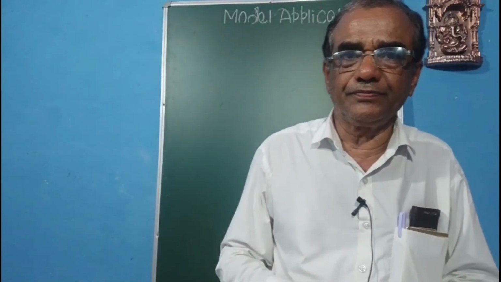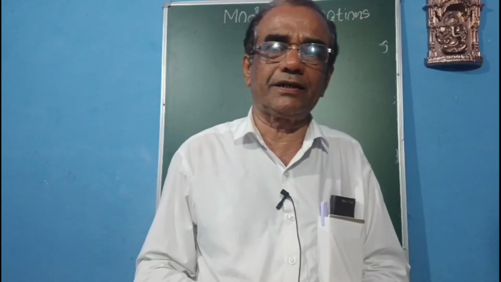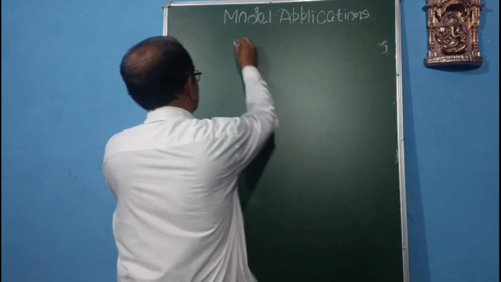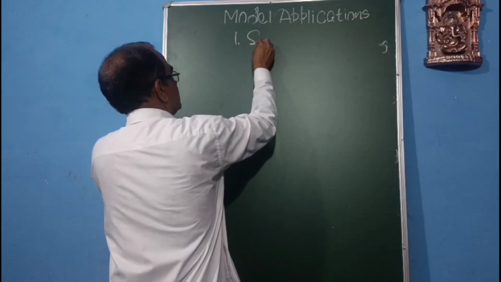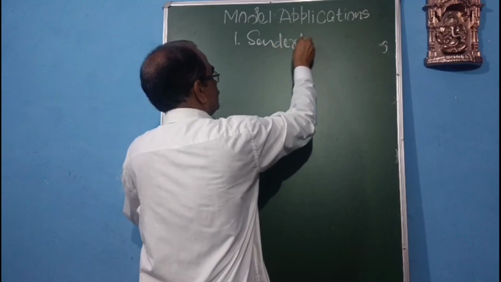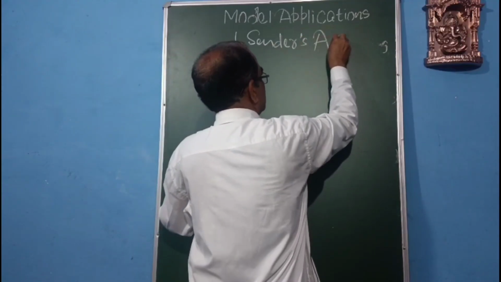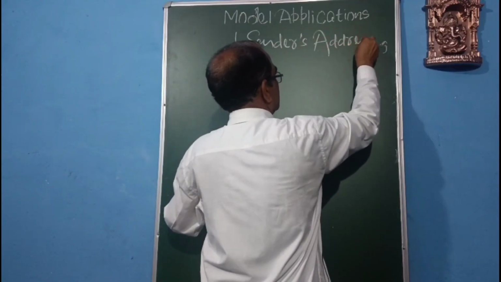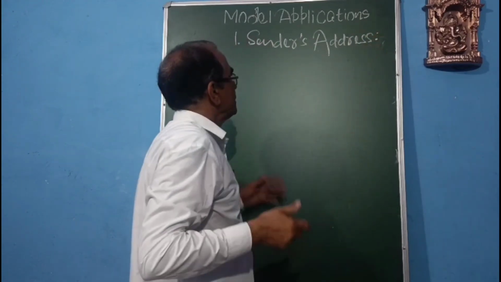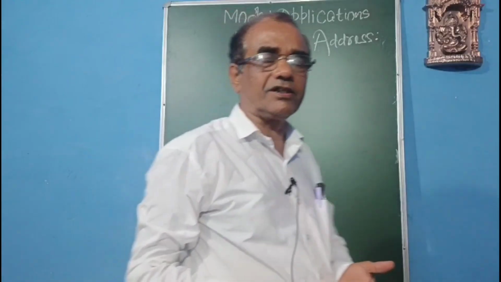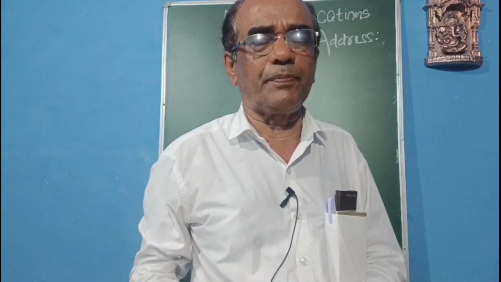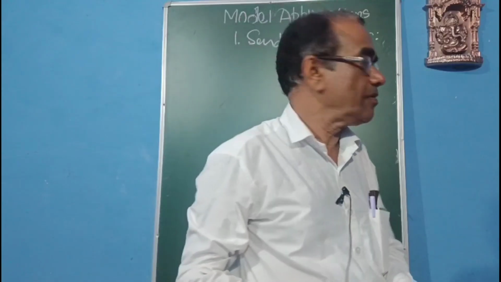You came to know that the format of an application consists of 9 important points. The first one is the sender's address. The person who sends something to somebody else is called the sender. Here the sender sends an application to the authority concerned for the fulfillment of its purpose.